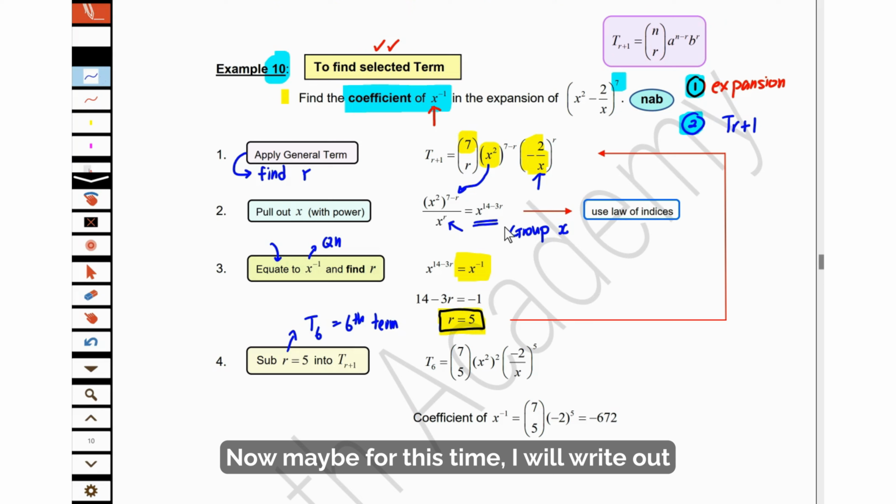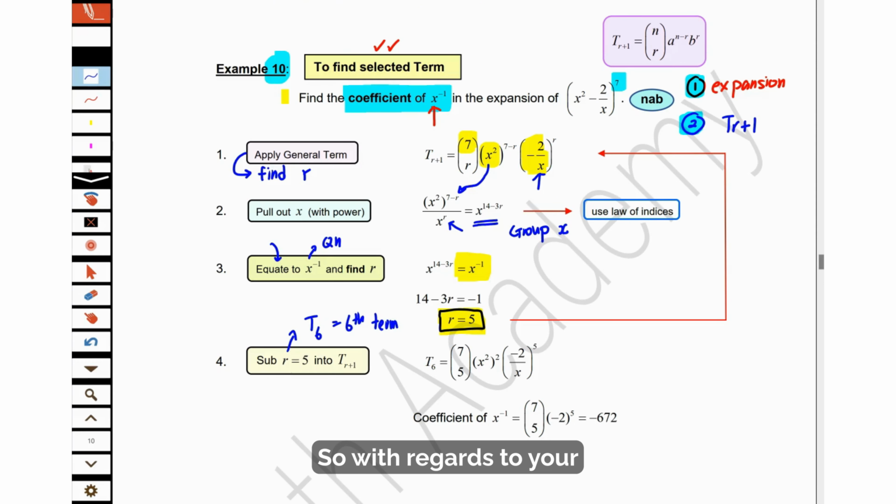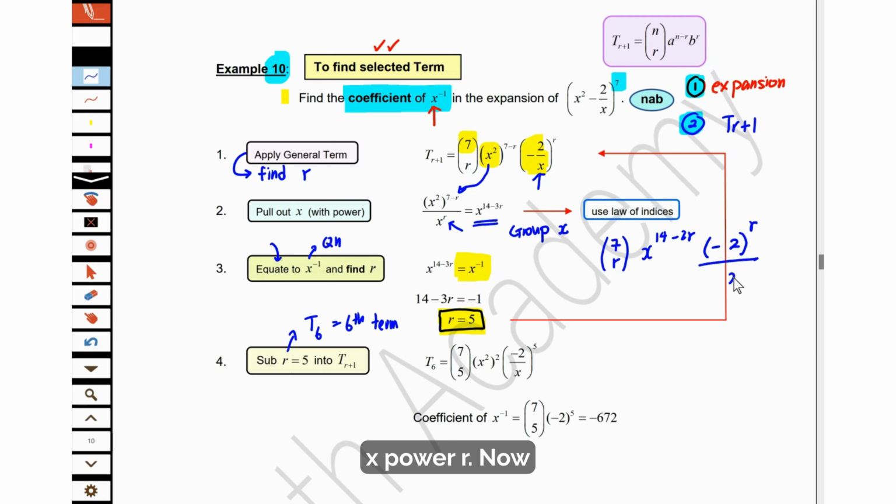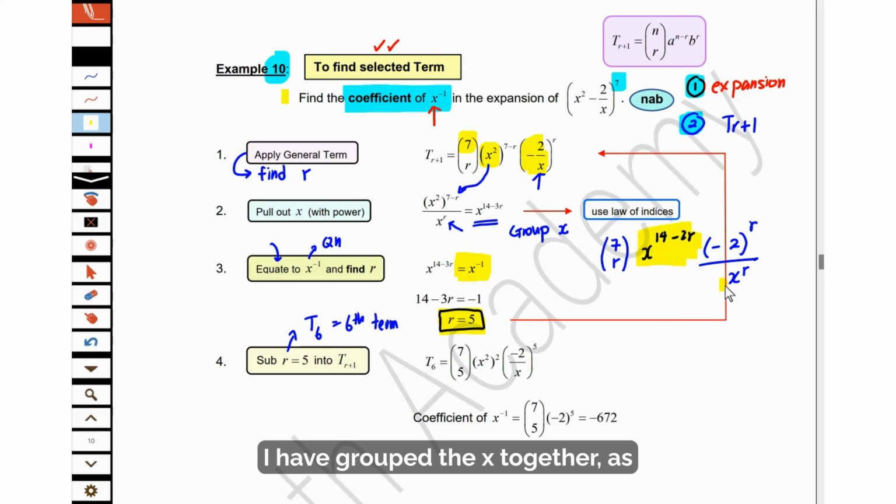Now maybe for this time, I will write out the entire format for you first after I group the whole thing together. So with regards to your general term, I shall now write out again 7 choose R, x power 14 minus 2R, negative 2 power R, followed by x power R. Now I have grouped the x together, as you can see in my step number 2.